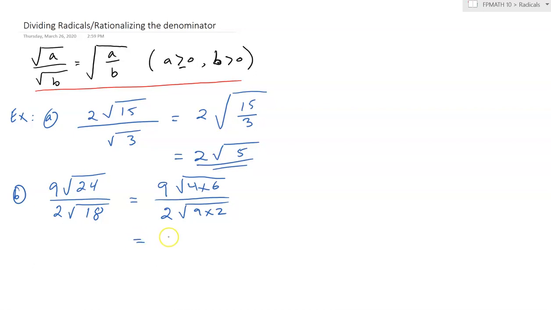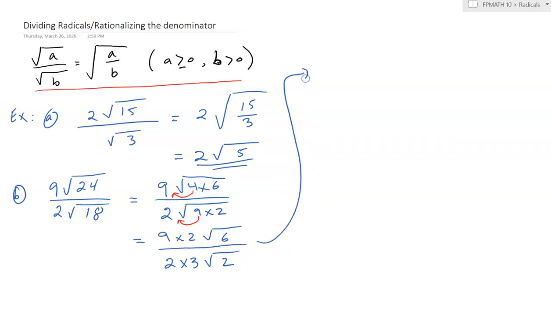Now we go through that. That becomes 9. 4 comes out. That becomes 2 root 6 on top. Bottom, 9 comes out. Let me just do this again. So 4 comes out, 9 comes out, and you take the square root of that, right? So the bottom will be 2 times 3 root 2. Great. Now the next part is we're going to do the simplifications.